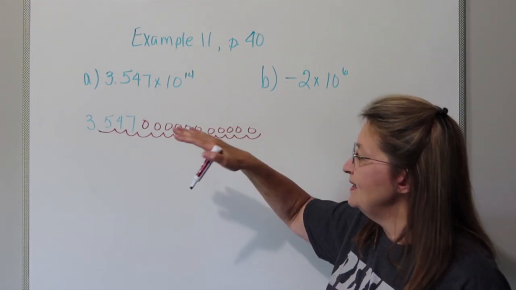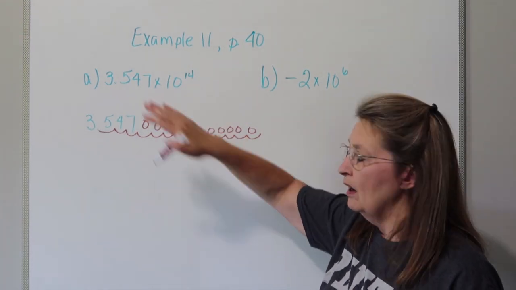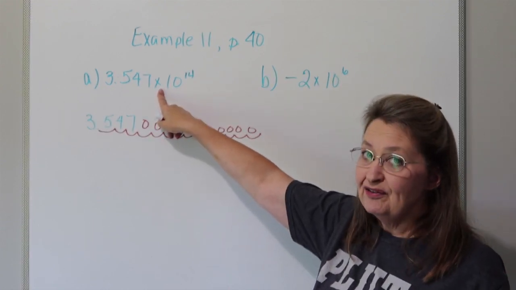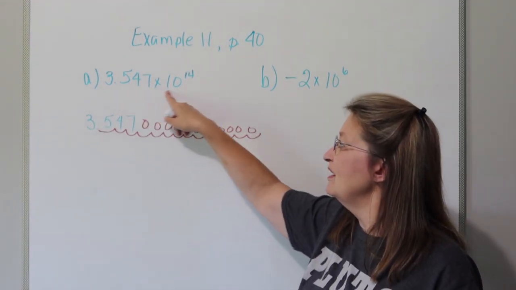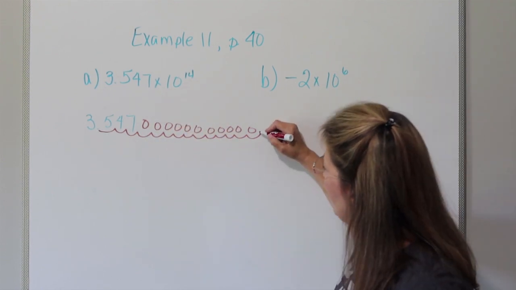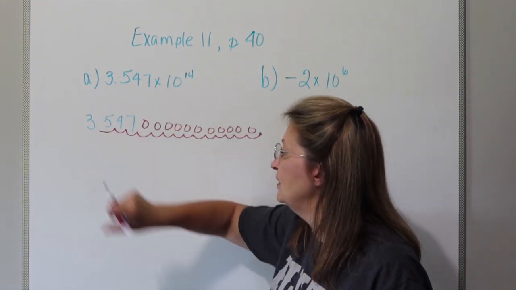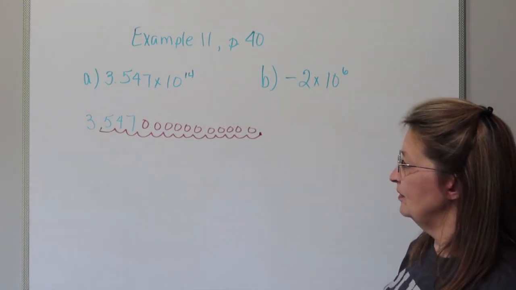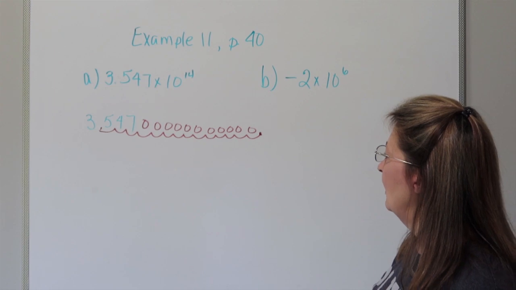This would be standard notation of this number. So now you can see the benefit of scientific notation. It's a whole lot easier to write this out than it is to write this, because now my decimal is down here. So I would erase that decimal, and I guess I could put a comma there if I wanted to. Okay, so that was example A.